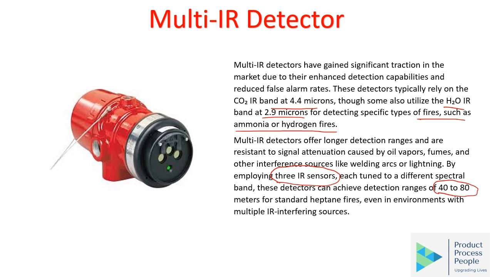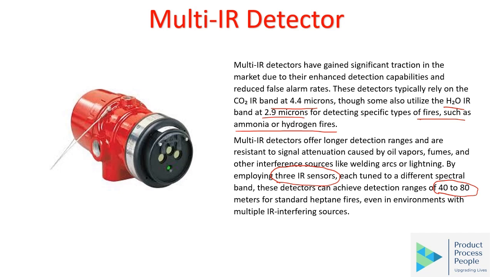With respect to the advantages, the first advantage is long detection range, as we have seen that they are able to cover 40 to 80 meters. That is advantage number one. Second is low false alarm rate.